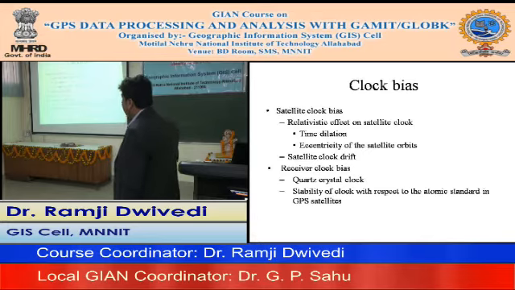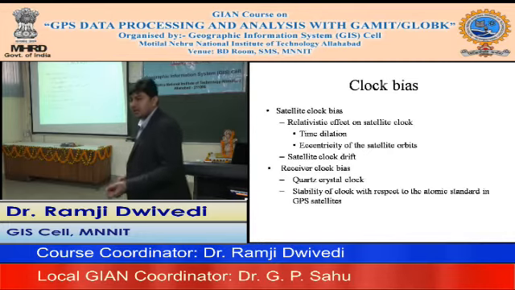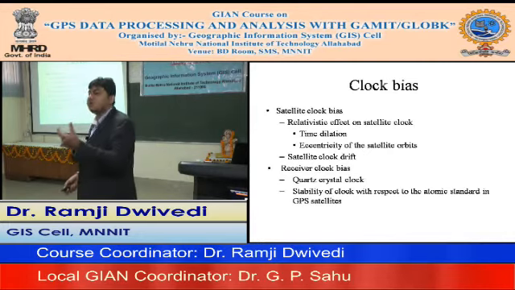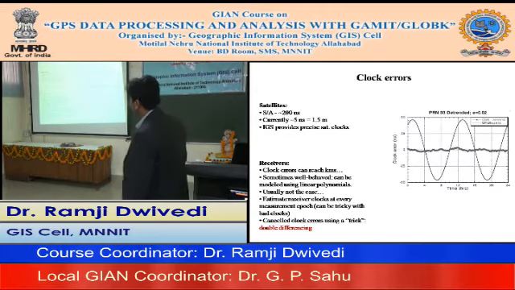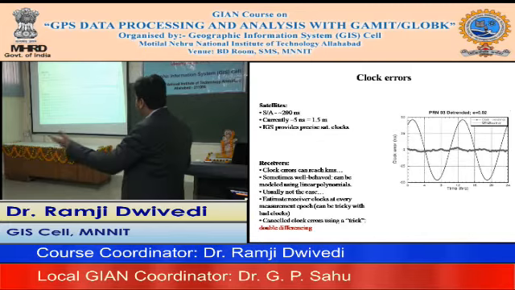Similar to this, for receiver clock biases, you have the quartz crystal clock at the receiver end, and because of it you are actually estimating the clock offset of the receiver, whether from pseudoranges or from the carrier phases. You could see some of the deviations in the clock error with respect to the relativity effect as well as the drift.